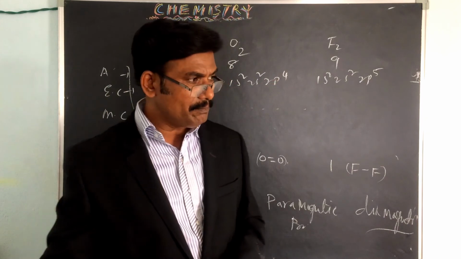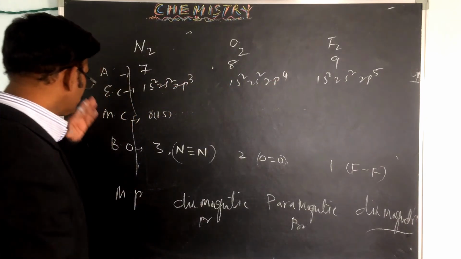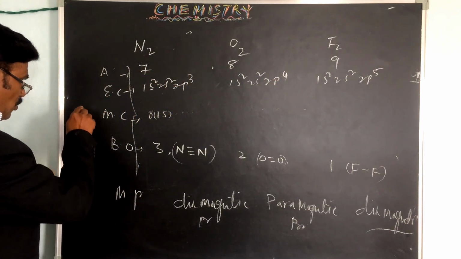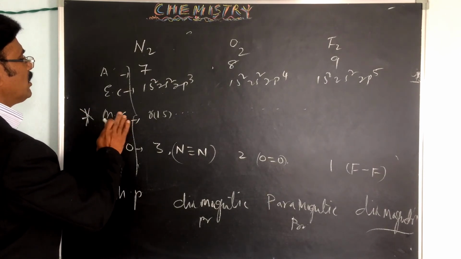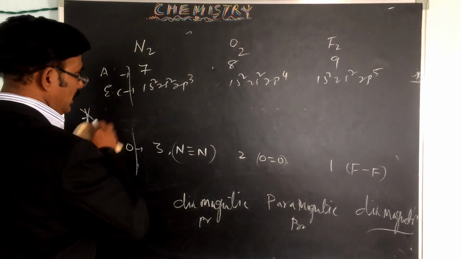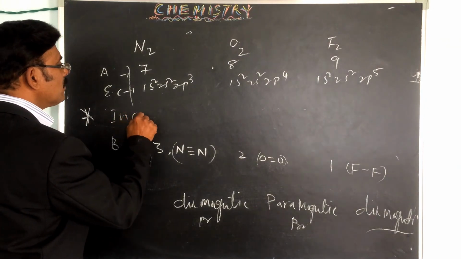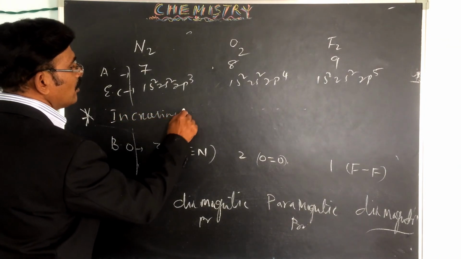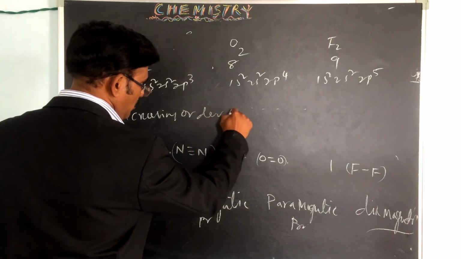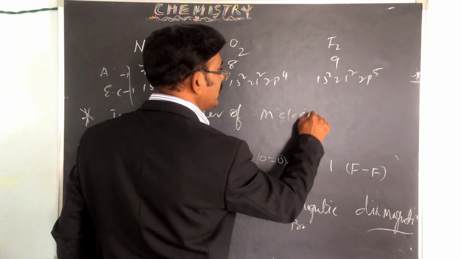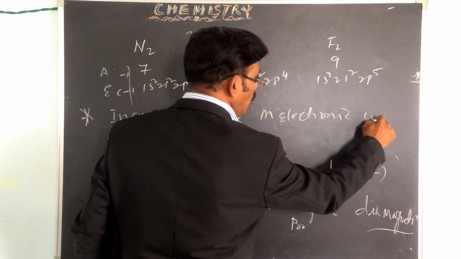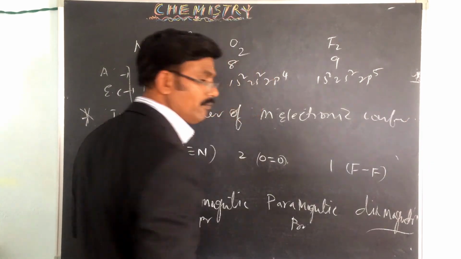So what are the most important things? The molecular energy level increasing order of molecular electronic configuration is the most important thing.